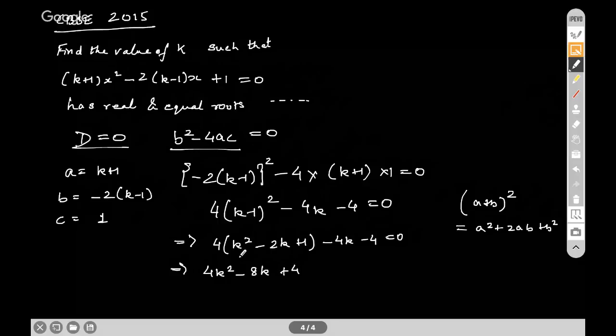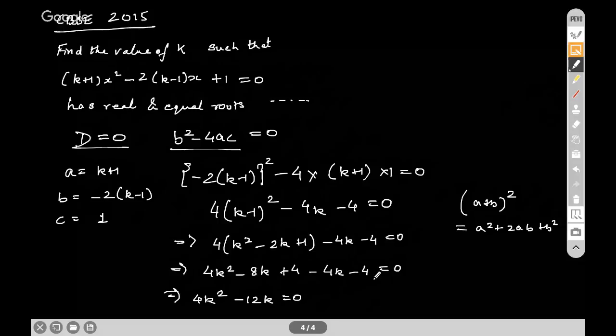Keep checking again immediately. Immediate check also helps a lot to eliminate any careless mistakes. So you quickly go back and see 4k square minus 8k plus 4, and then minus 4k minus 4 equals 0. Now this is 4k squared, and then minus 8k minus 4k is minus 12k. Do not make mistakes in adding with signs. And then 4 and minus 4 is 0.